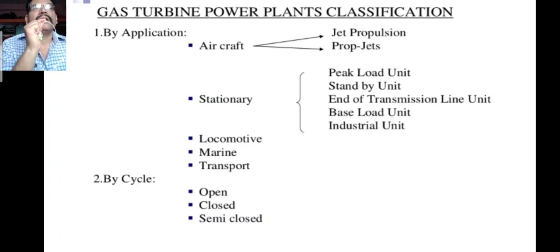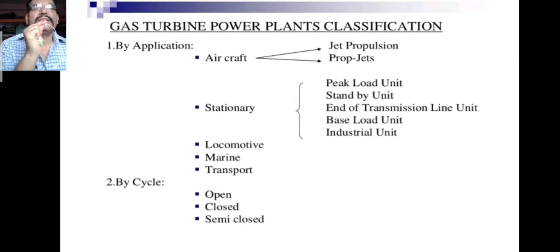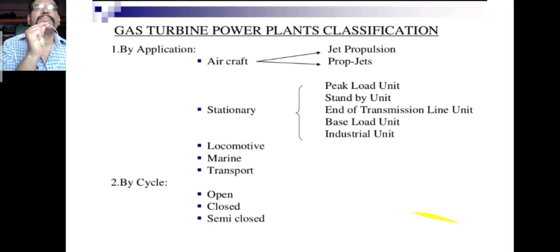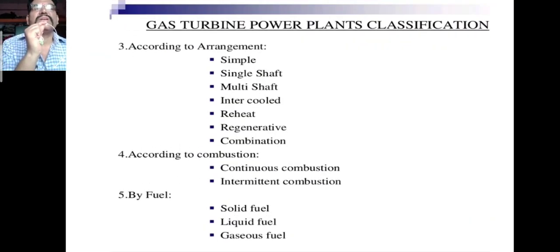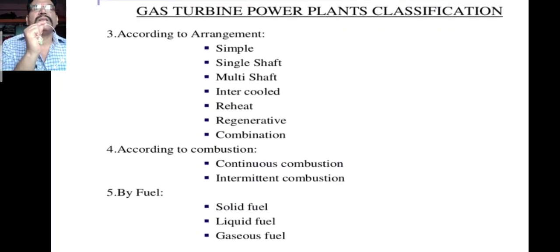Then the classification by cycle, as we know, is open cycle, closed cycle or semi-closed cycle. The next classification, according to the arrangement, is simple, single shaft, multi shaft, intercooled, reheat, regenerative or combination.